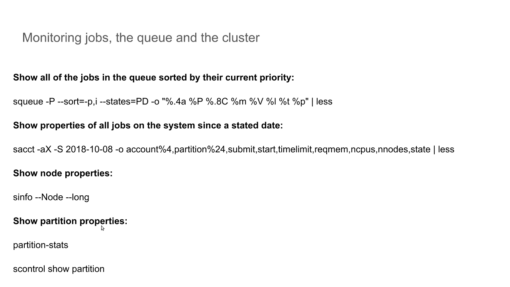And then for describing partitions, there is a summary script available on the systems called partition-stats. This basically summarizes all of the nodes on a system like Cedar and Graham.